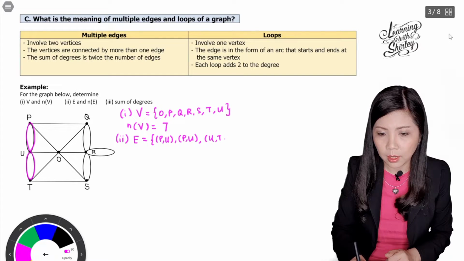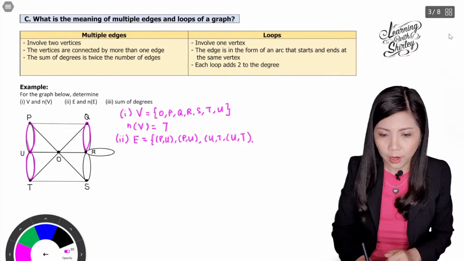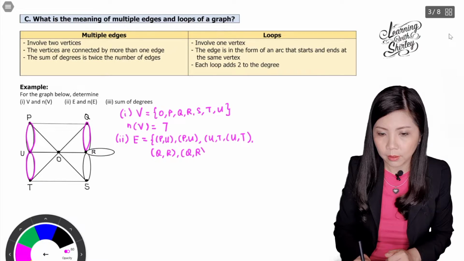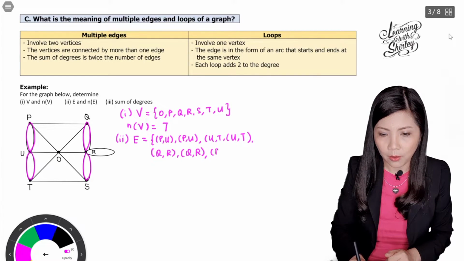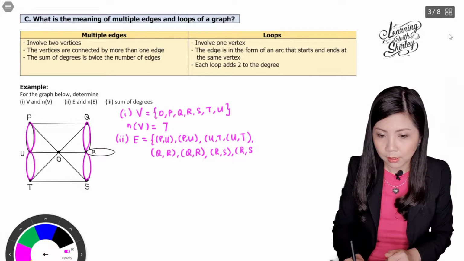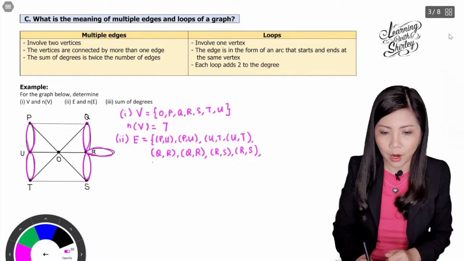Then next will be QR and QR. And then next we have RS and RS. Next we have R to R, a loop.